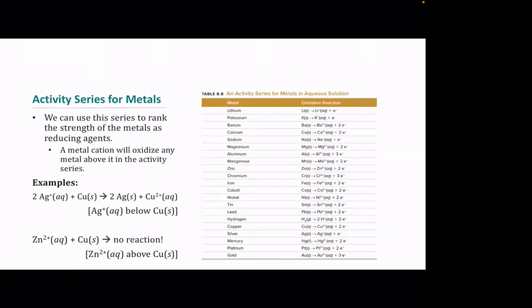So a reducing agent is just what the word says. It's an agent that carries out reduction. An oxidizing agent is an agent that carries out oxidation. So oxygen is a great oxidizing agent because it likes to be reduced. Right? Does that make sense?